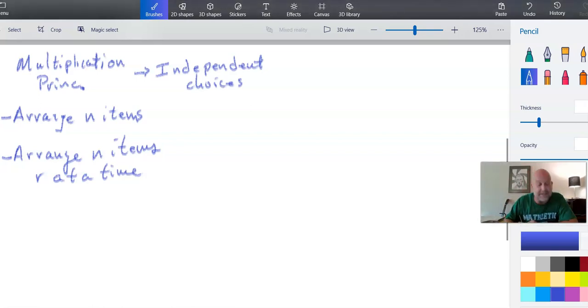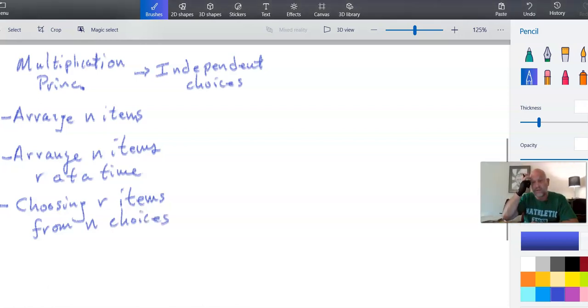Okay, but if order doesn't matter, there's a different thing that we talk about. We don't say we're arranging, we say we're choosing our items from n choices.